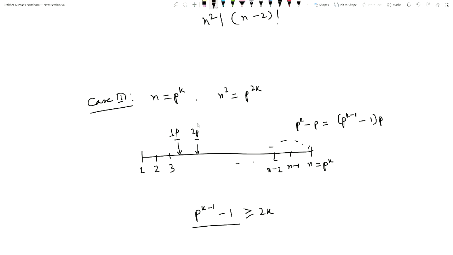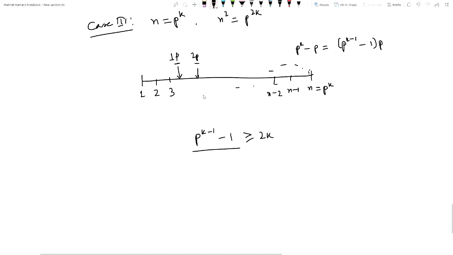If we group these 2k p's together, then you will see that p to the power 2k will divide n minus 2 factorial, right? So we will have that n square divides (n minus 2) factorial if this number, p to the power k minus 1, is greater than 2k, right?